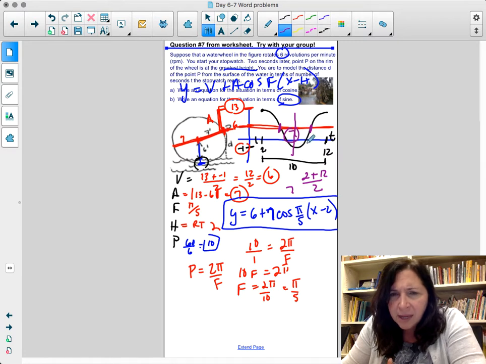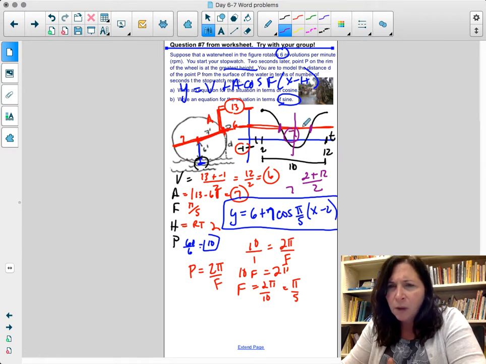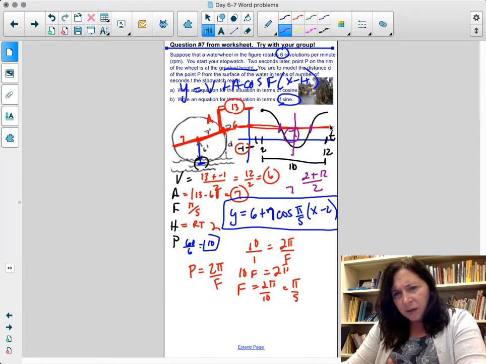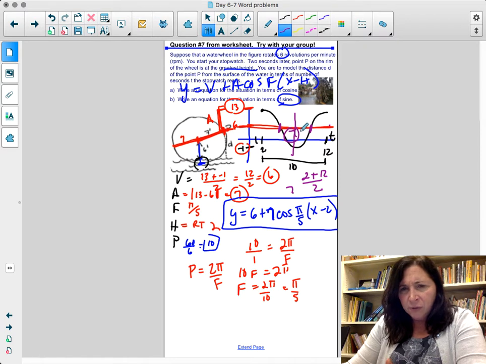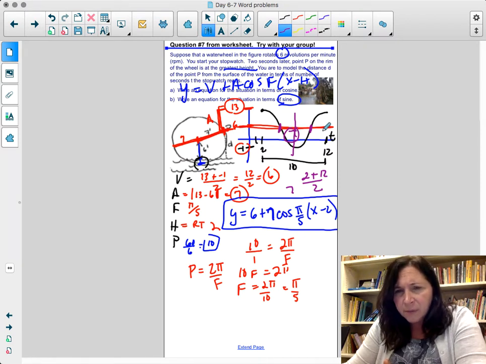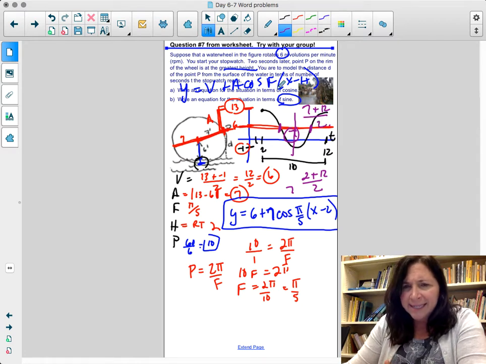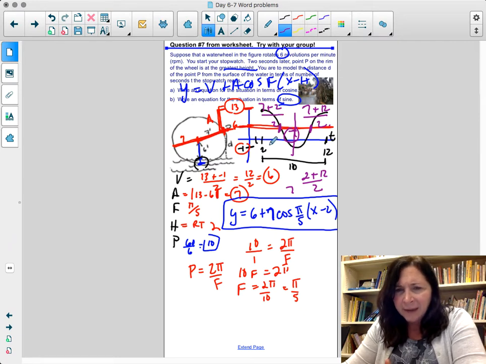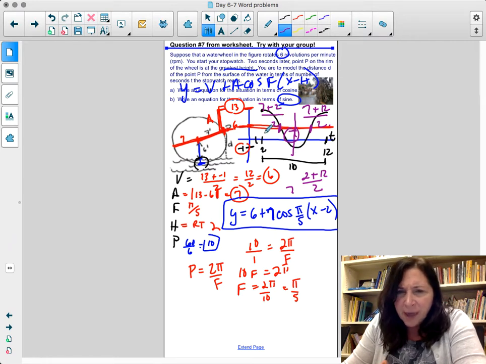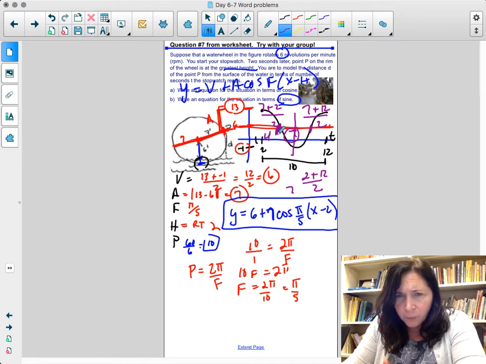And then I would say, well, what's in between here and here? I would go 7 plus 12 divided by 2, so what's that, 19? I can also go 7 plus 2 divided by 2. What's that, 9 halves? That's 4.5. So if I traveled right here, this right here is 4.5.